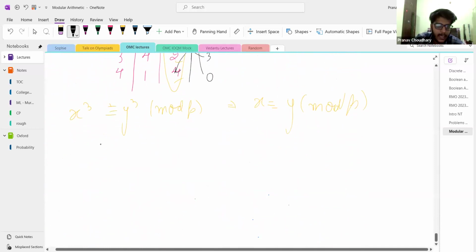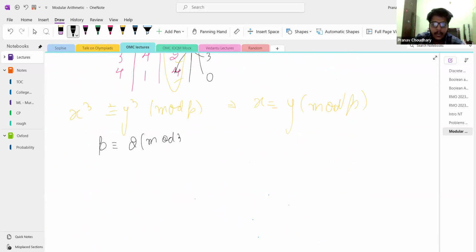Now I know that p is congruent to 2 mod 3. What this means is (p minus 2) by 3 is an integer. I don't know how to motivate this, but with enough practice, this stuff will feel natural. You can raise this to this power, because the 3 here and the 3 here will cancel out.